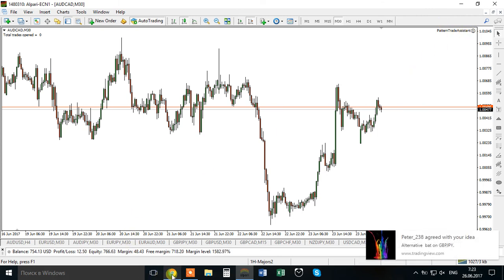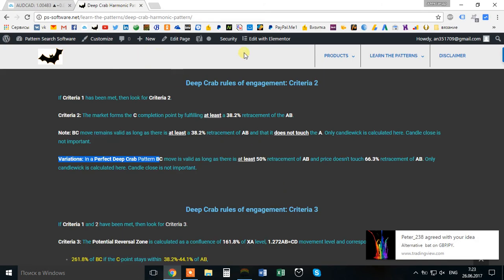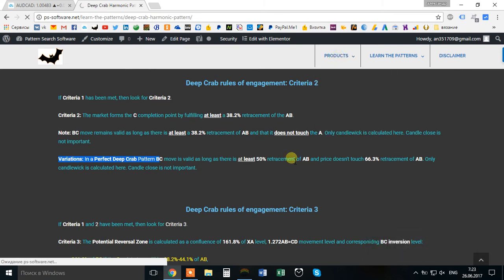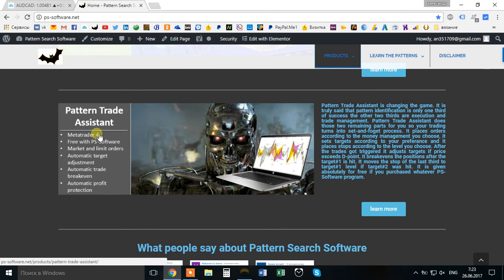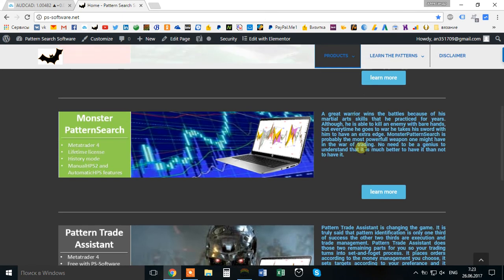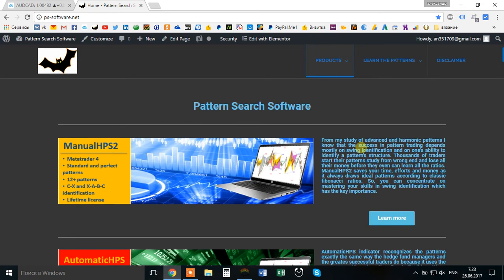And there is a good news for you guys. The Pattern Trade Assistant is this robot is absolutely free. It is given for free when you purchase that ManualHPS.